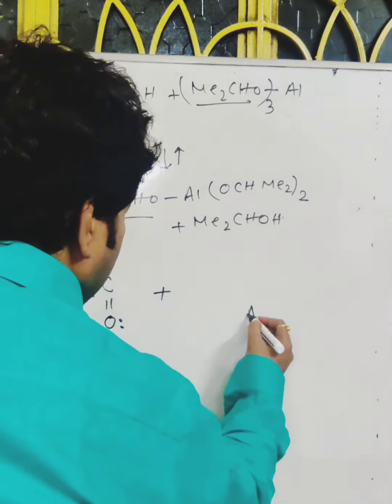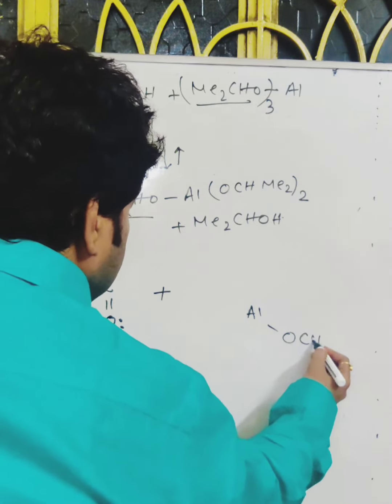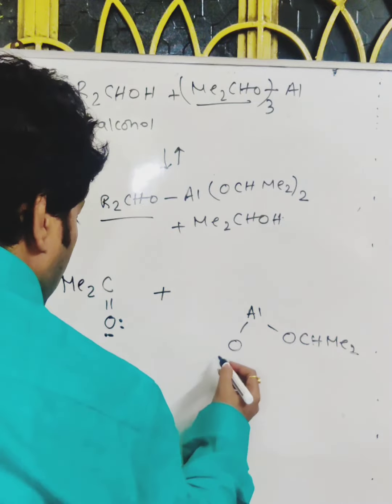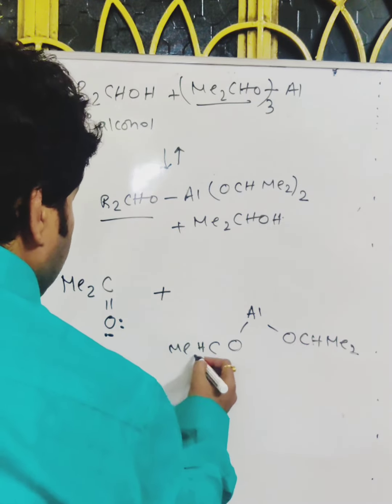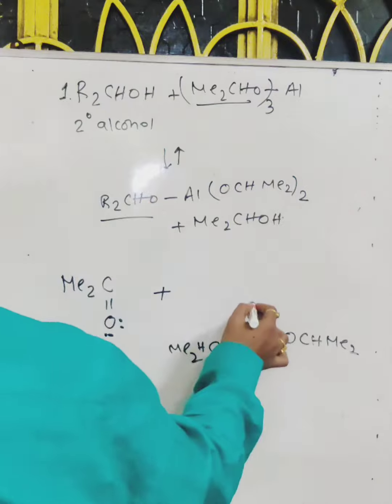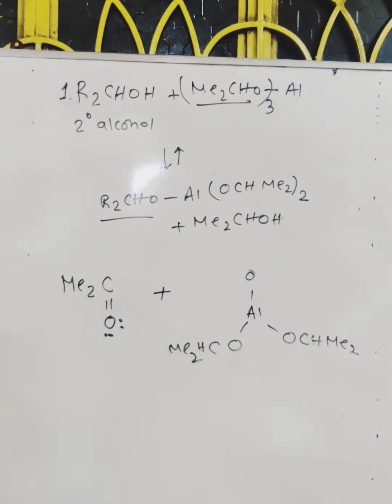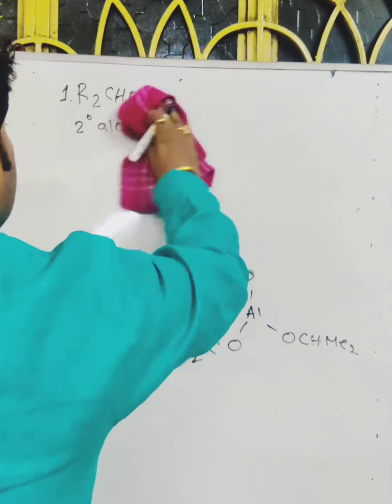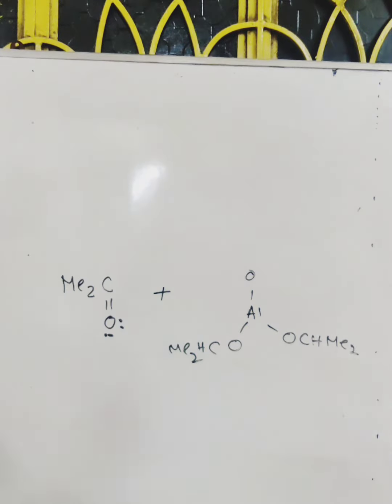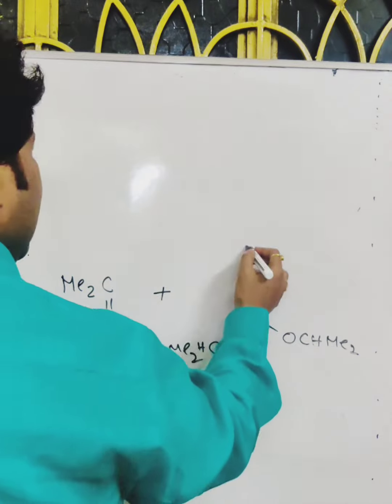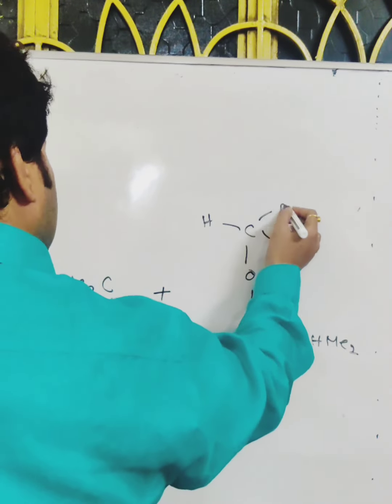So what we are having? Al OCHMe2 OCHMe2. My work will be with this O. Let me just remove this part. Hopefully you have copied it. O CHR2.